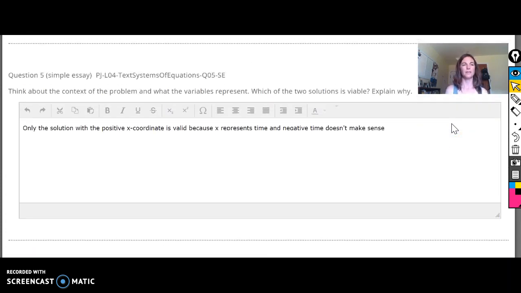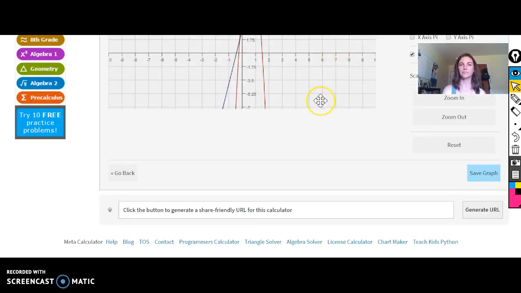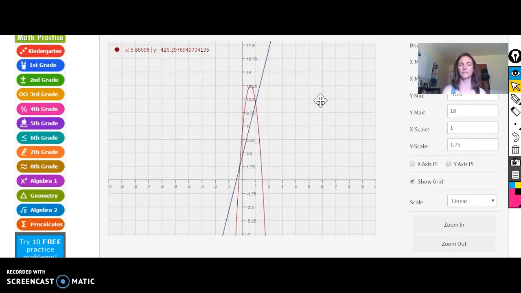And then think about the context of the problem and what the variable represents. Which of the two solutions is viable? Okay, I'm just going to pop over to this graph here. This is the same graph and it's just skewed a little bit tighter along the x-axis. If this solution here is at a negative t, a negative time, so when the ball is at 1.67 feet, that's at a negative 0.19 seconds.